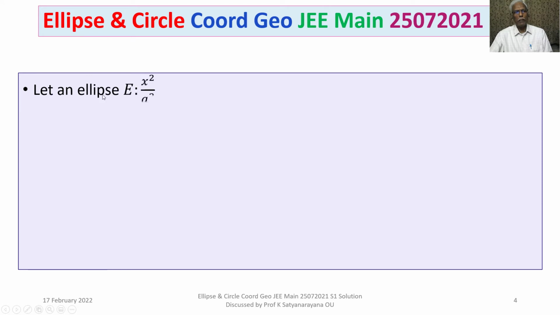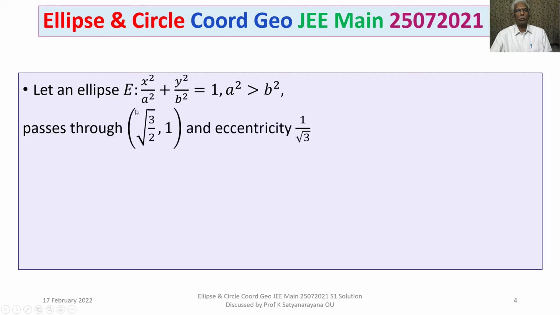The problem is: let an ellipse E whose equation is given by x square by a square plus y square by b square is equal to 1, where a square greater than b square, pass through the point root 3 by 2, 1 and eccentricity 1 by root 3.